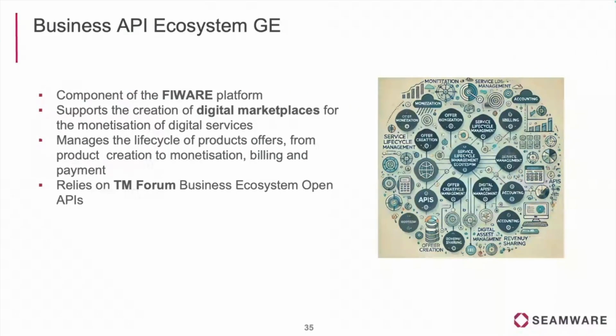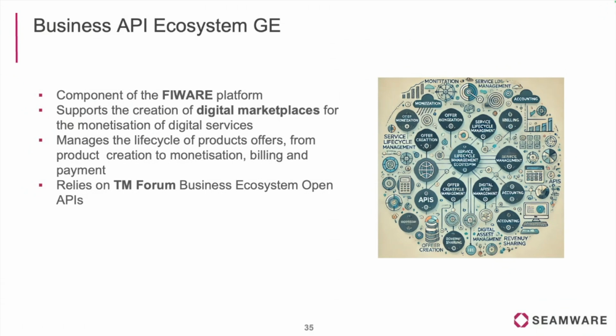This component, which is intended to support the creation of different types of digital marketplaces, is already integrated with the TM Forum APIs. All the requests that we have seen that need to be done through the TM Forum APIs are actually managed by this Business API Ecosystem Generic Enabler.